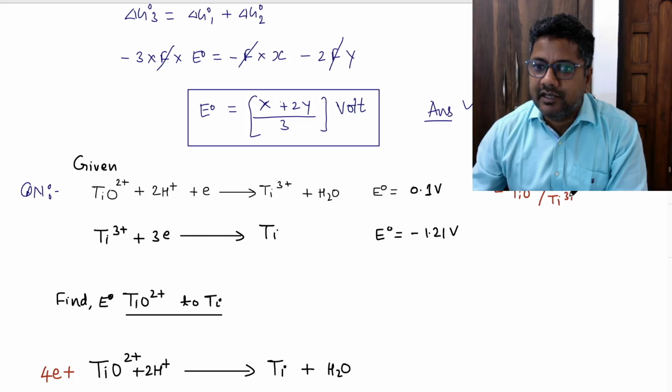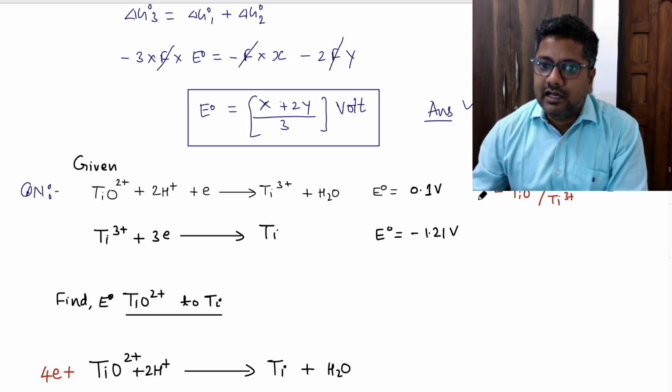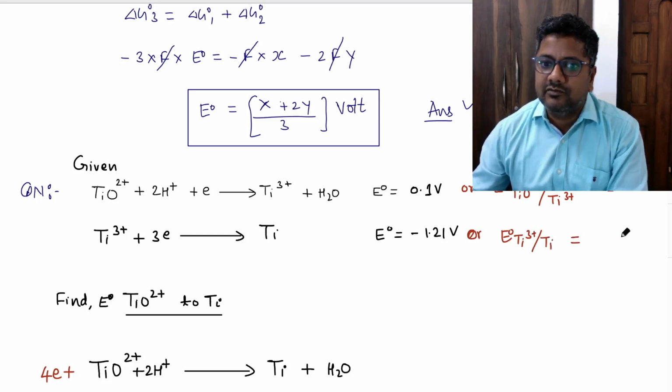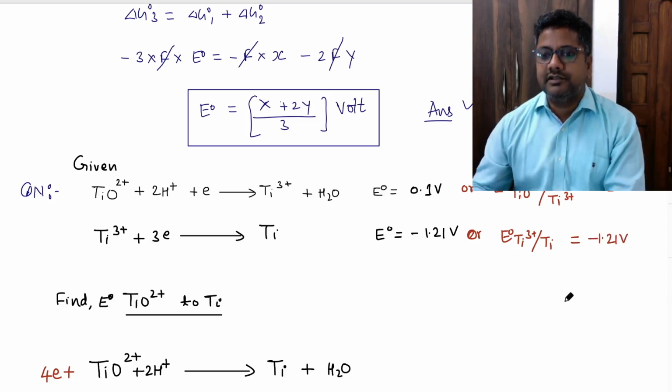Sometimes the examiner may give you this type of question, which is equal to 0.1 volt, and E naught of Ti3 plus to Ti is equal to minus 1.21 volt, right?